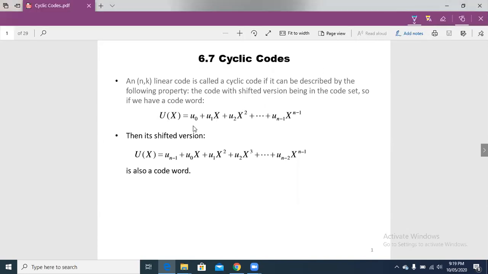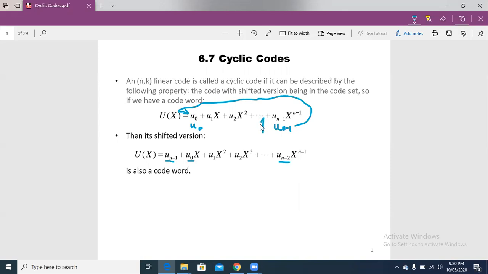You have seen that you have u naught here and un minus 1 here, and we have a cyclic shift in that way: un minus 1 comes here, u naught goes here, and un minus 2 is the coefficient here.